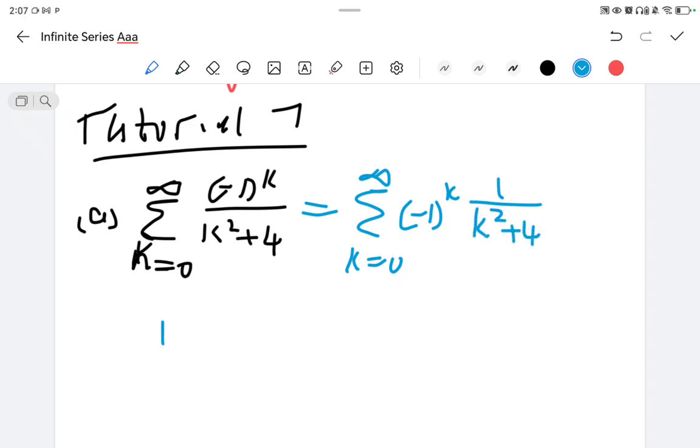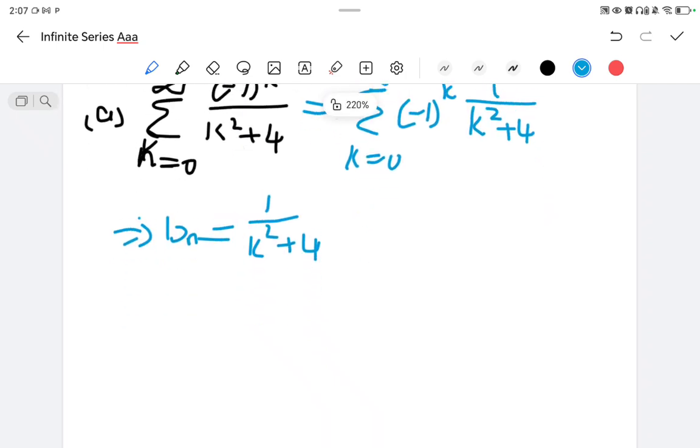And if we say that b_n, which would imply that b_k is equal to 1 over k squared plus 4, then we check the limit of b_k.